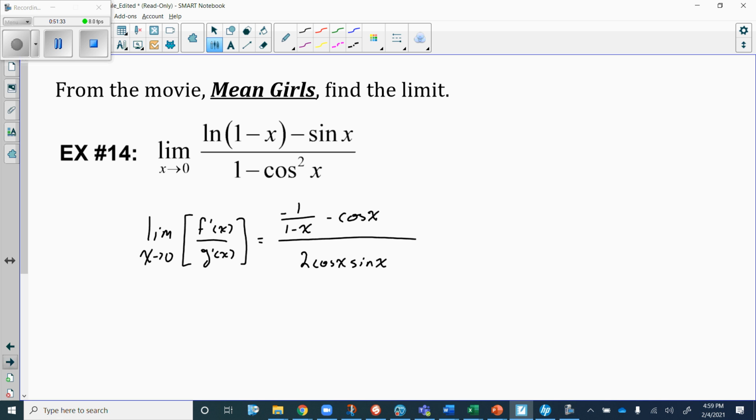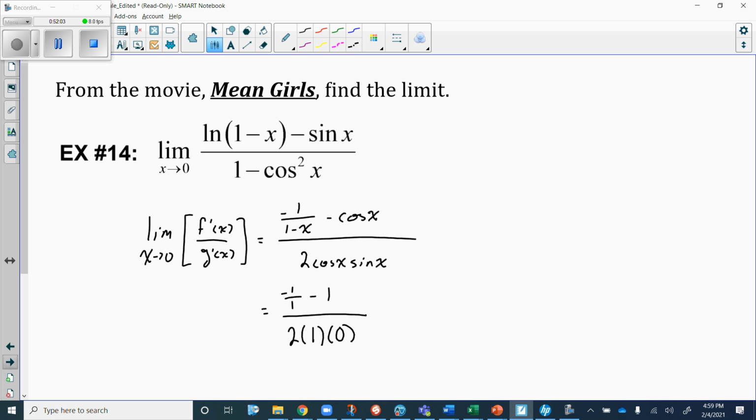Okay, and now let's see what happens if I substitute 0 in here. So if I substitute 0 in the numerator, I'm going to get a negative 1 over 1 minus cosine of 0, which in this case is a 1. And so 2 times cosine of 0 is going to be a 1, but the sine of 0 is going to be a 0.